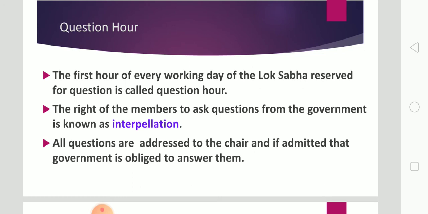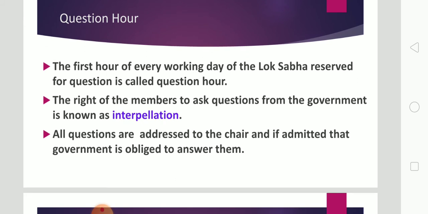Through interpellation, the legislature is controlling the executive. All the questions are addressed to the chair, and if admitted, the government is obliged to answer them. Before asking the questions, these questions are to be submitted to the presiding officer.